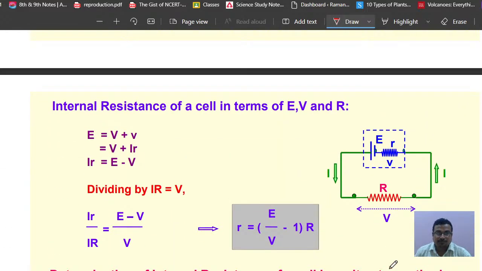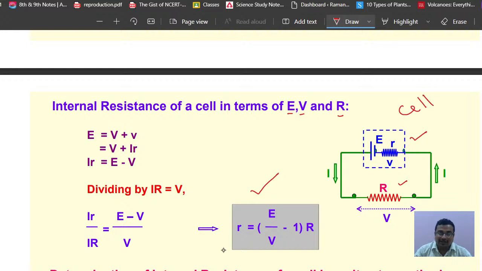Now see here, the internal resistance of a cell in terms of EMF, voltage and resistance. This is the formula if we simplify this. So for the internal resistance of a cell, there is an external resistor in a circuit and an internal resistance present in the cell.